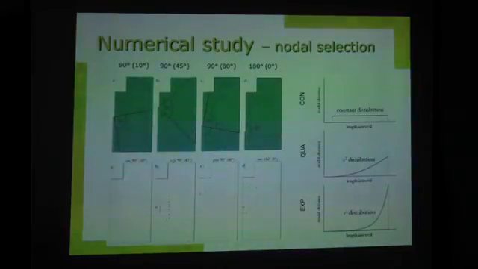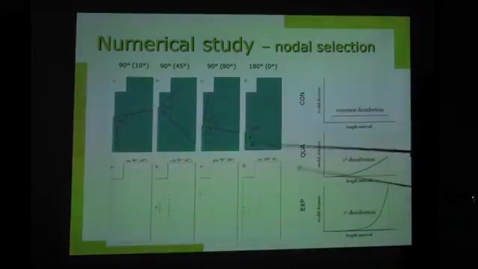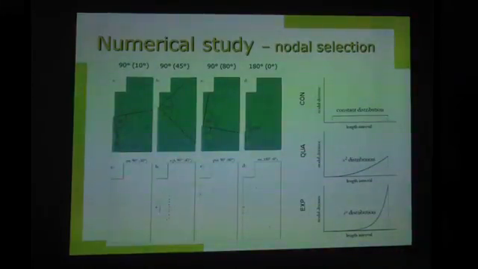We considered sections of 90 degrees from that model. It's just a symmetrical part of the model, so it was an angular selection.